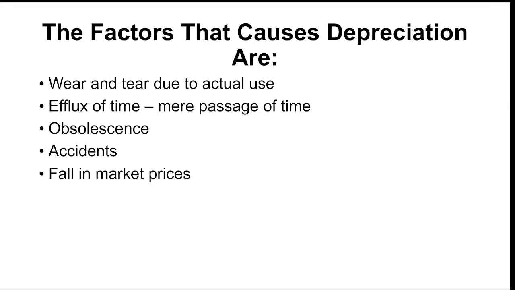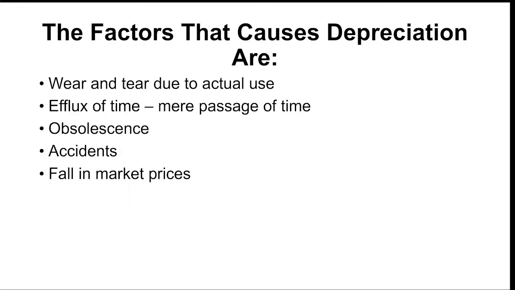So what are the factors that cause depreciation? We have various factors that can cause depreciation, but we are going to look at a few. One that causes depreciation is wear and tear due to actual use. A machine can wear. You have the efflux of time, or the mere passage of time.